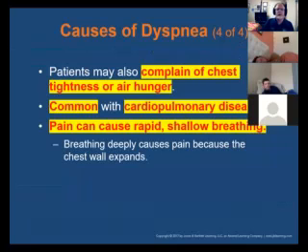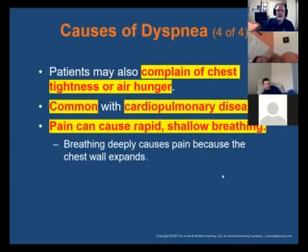Other things of dyspnea, they're complaining of chest tightness or air hunger. Air hunger is when you can just see them fighting to try to get more air into their respiratory system. That one's more difficult to define, turns out. These are common with cardiopulmonary disease.